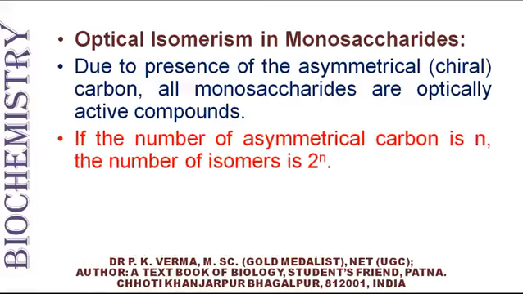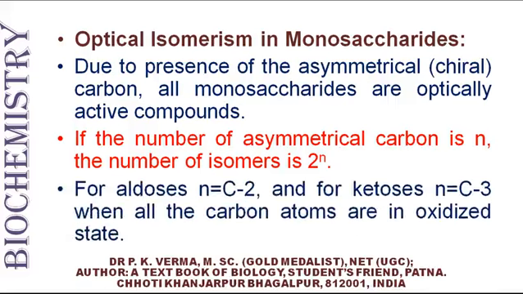That means it can rotate the plane of polarized light towards the right or towards the left. If the number of asymmetric carbons is n, the number of isomers will be 2 to the power n. For aldose n is C minus 2 and for ketose n is C minus 3.